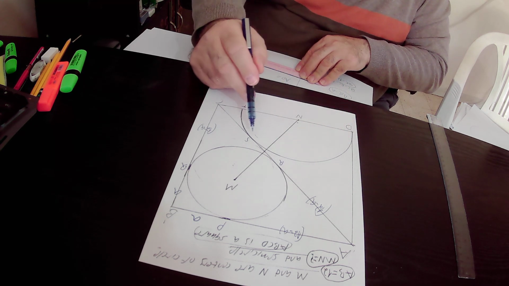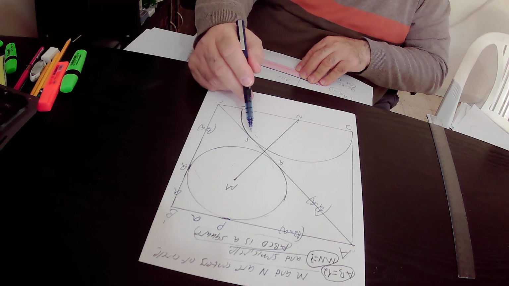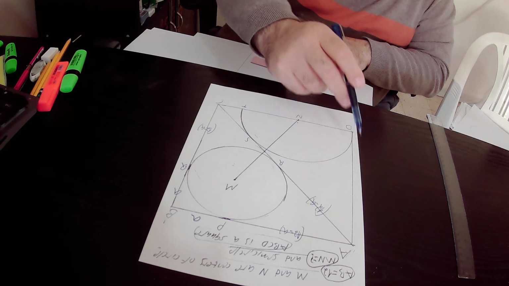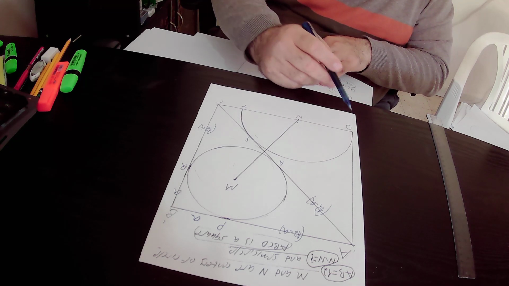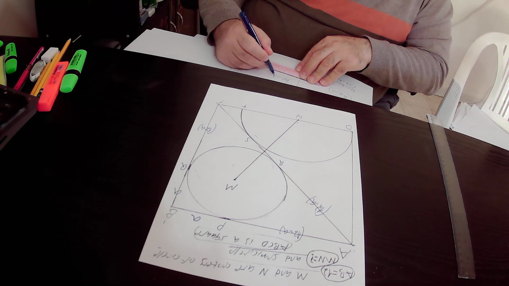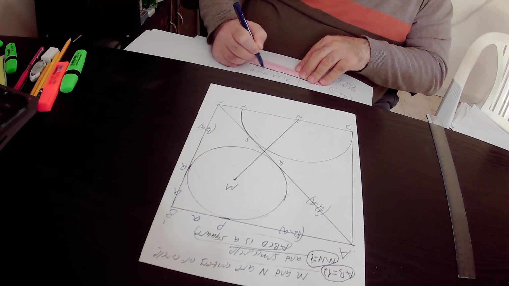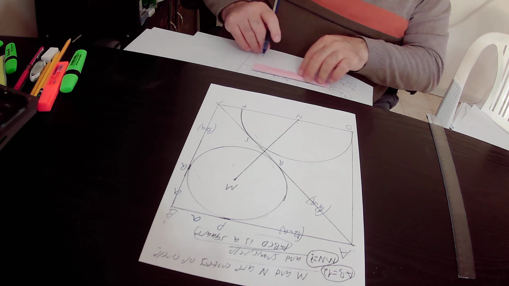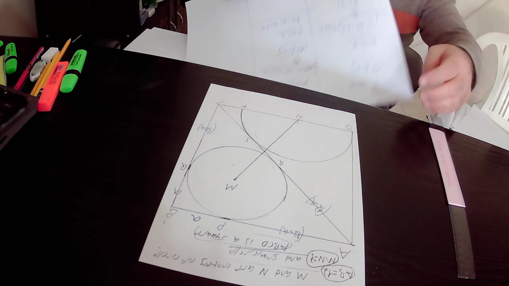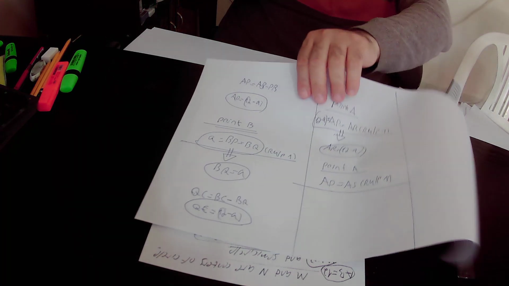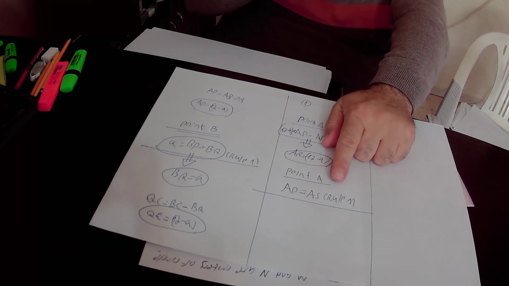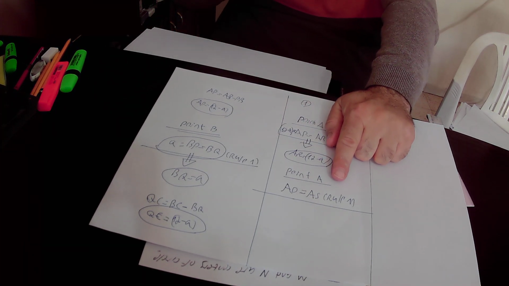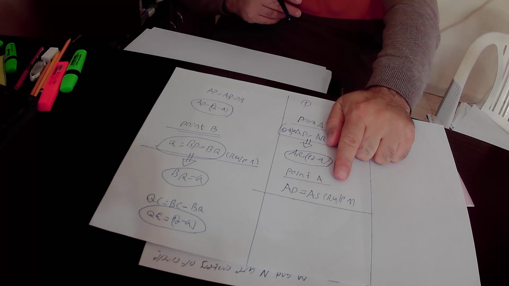Tangent AS is tangent to the semicircle at point S, and tangent AD is tangent to the semicircle at point D. And according to rule number 1, the lengths of those two tangents are equal to each other. That is to say, AD equals AS.